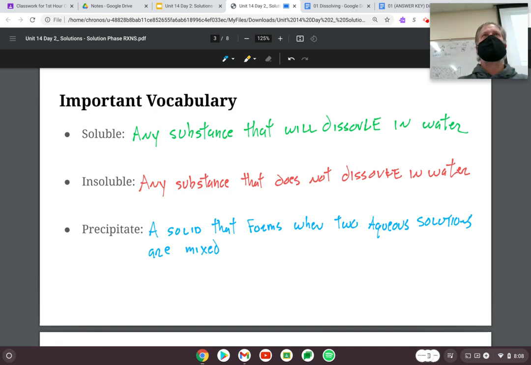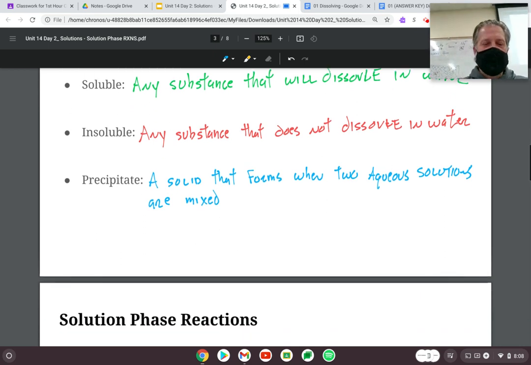All right, so those are some basic definitions that we are going to be working off of for the majority of today's lesson.